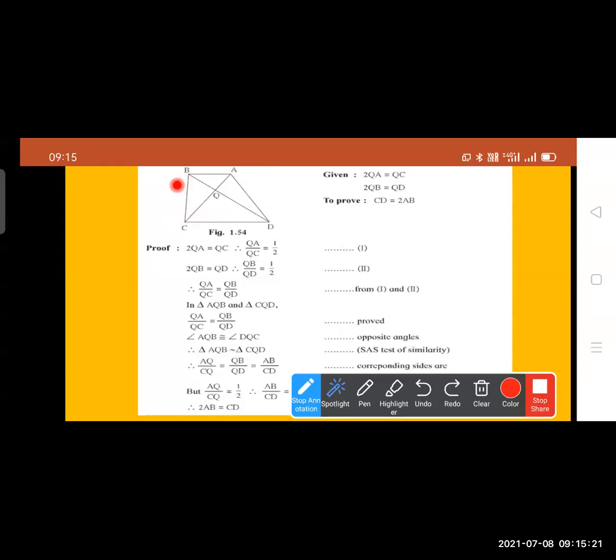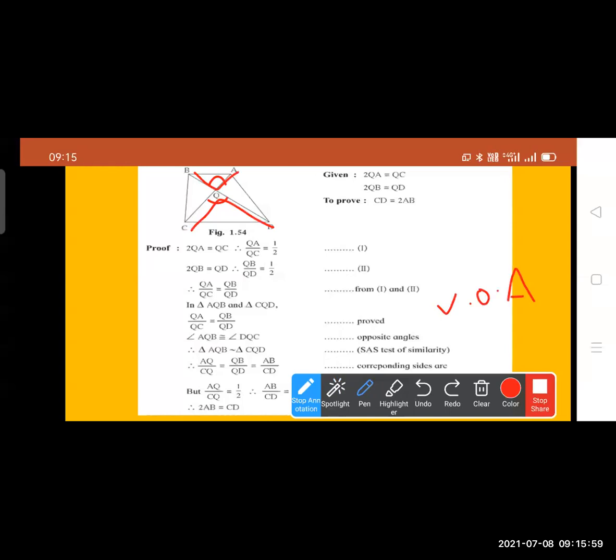So we take these two triangles. Which two triangles? QAB and CQD. Here we choose the triangles in such a way that these two sides are inside them. So we take AQB and CQD. Now, consider triangles AQB and CQD. The first condition is QA by QC equal to QB by QD, and second, angle AQB and angle CQD are both equal, vertically opposite angles.